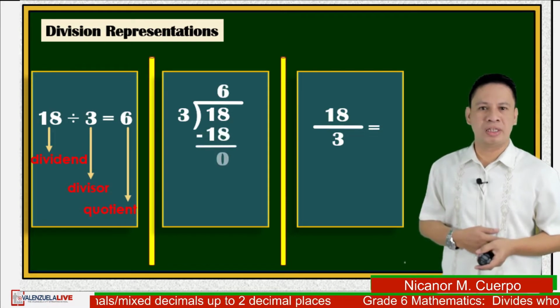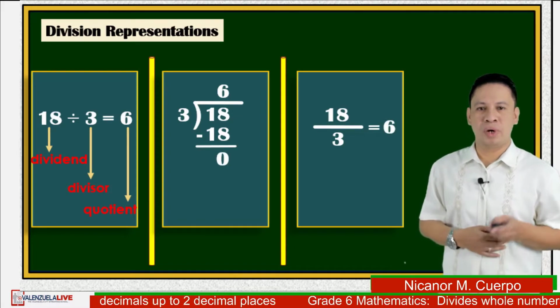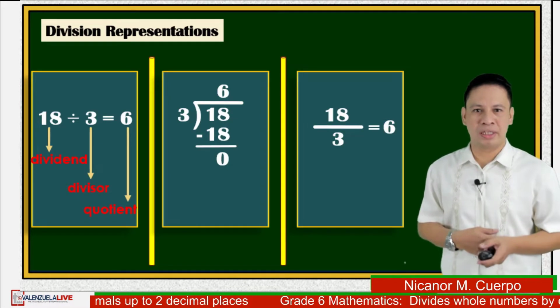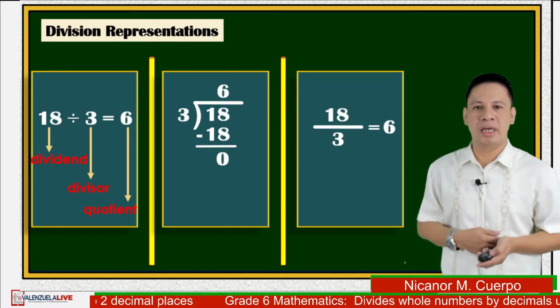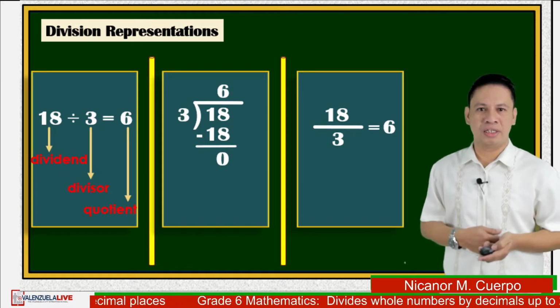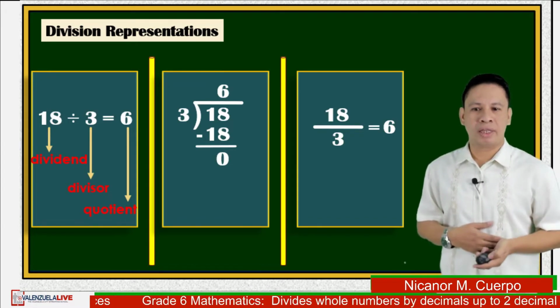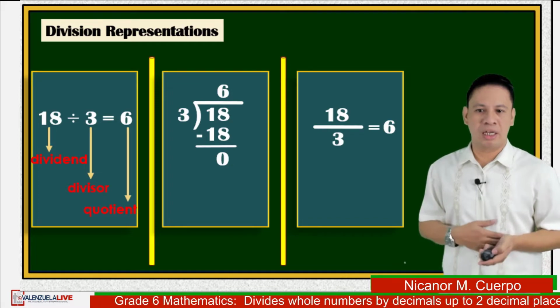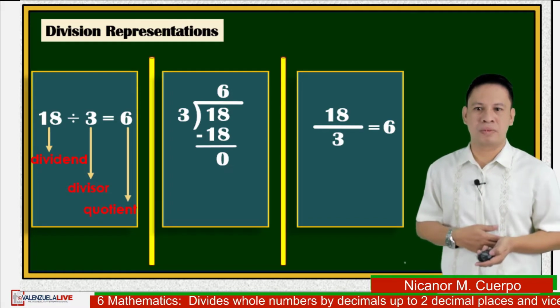The third representation is in terms of fraction, where the fraction bar represents the division sign. And 18 is the dividend, and 3 is the divisor. Whatever representation it is, it will always give the same quotient, which is 6.